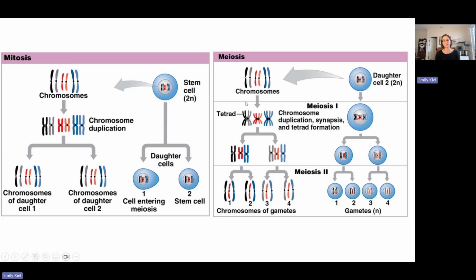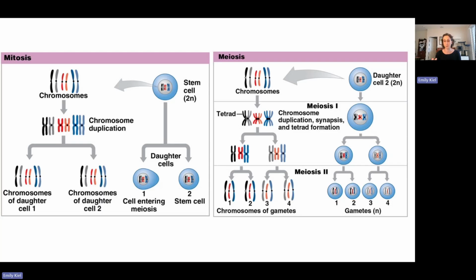So we're only going to get the black in some cells, and we're only going to get the gray. For example, this might be the chromosome that came from the mother of this gentleman, and this might be the chromosome that comes from the father of this gentleman. And so after meiosis 1, everybody only has one copy of each chromosome.